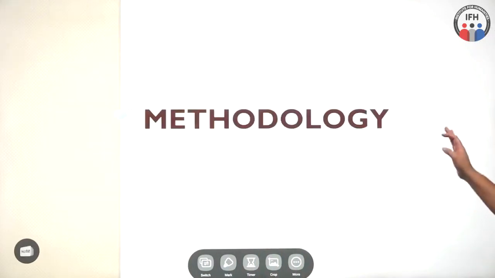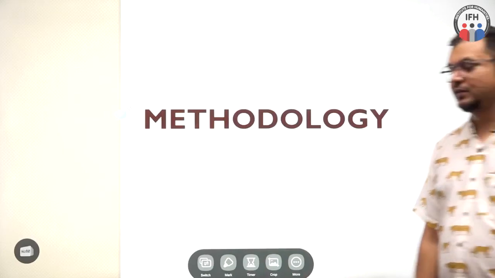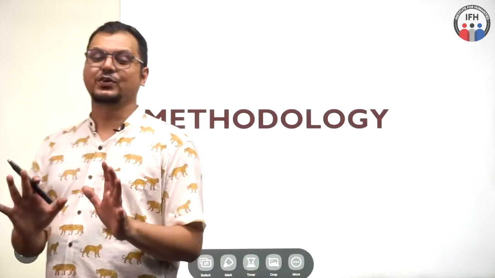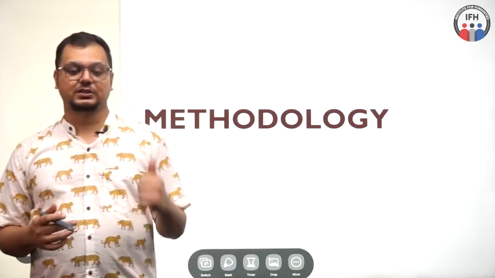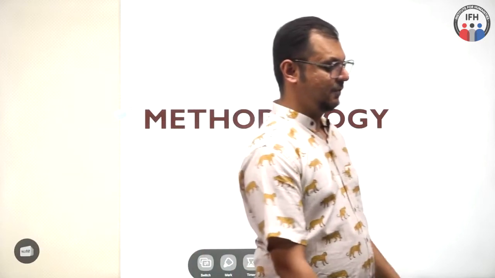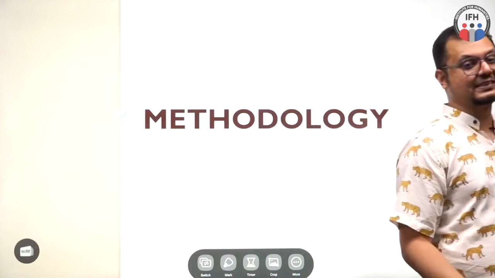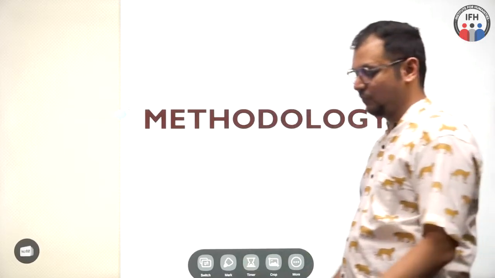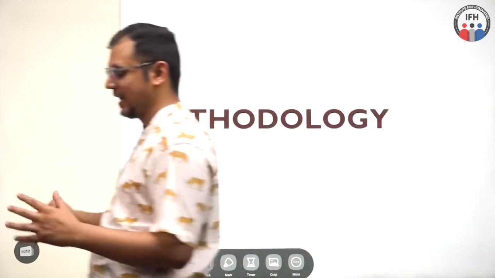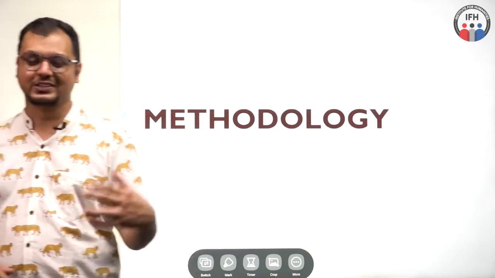So this was our basic discussion on what economics is and the history of economics. Next, we will be talking about methodology. So what does methodology mean? It means, how are we doing this subject? We've understood the subject matter, and generally the area or kind of question we want to resolve.